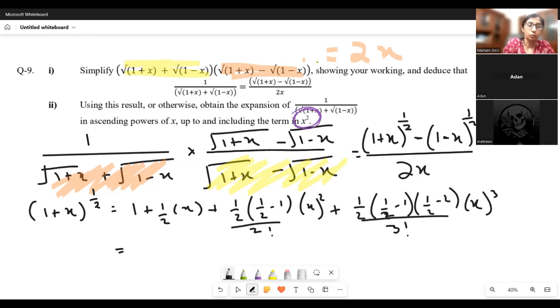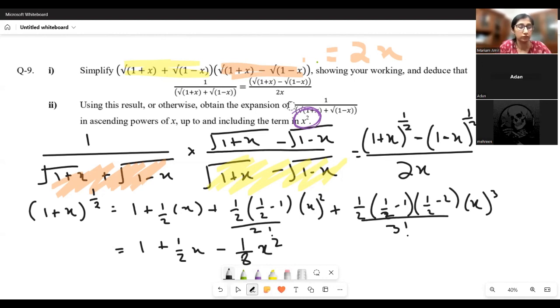So that gives us 1 plus half x plus half times (half minus 1) divided by 2 factorial, which is minus 1 by 8, if I did not mess this up.